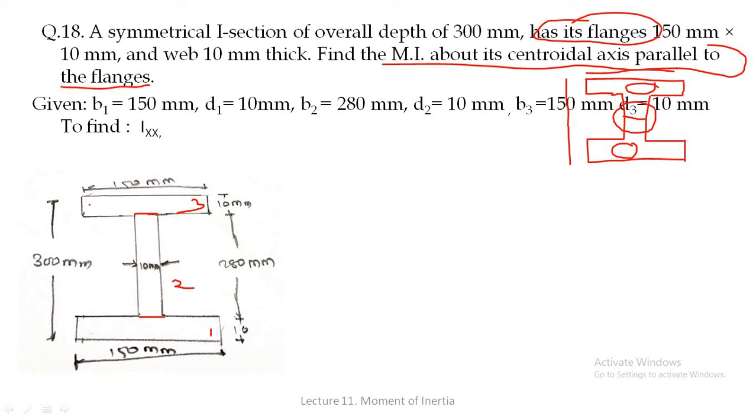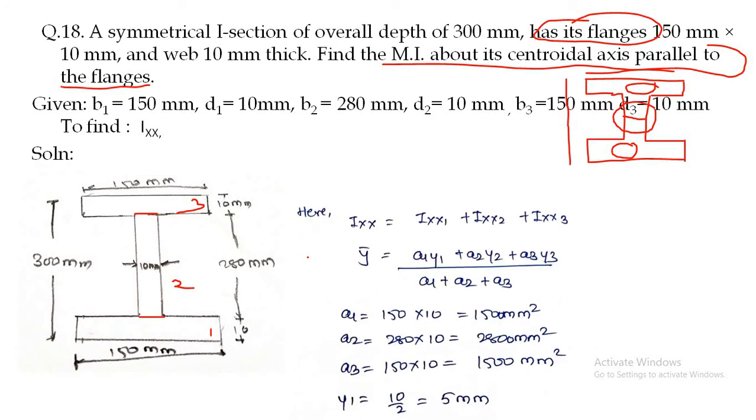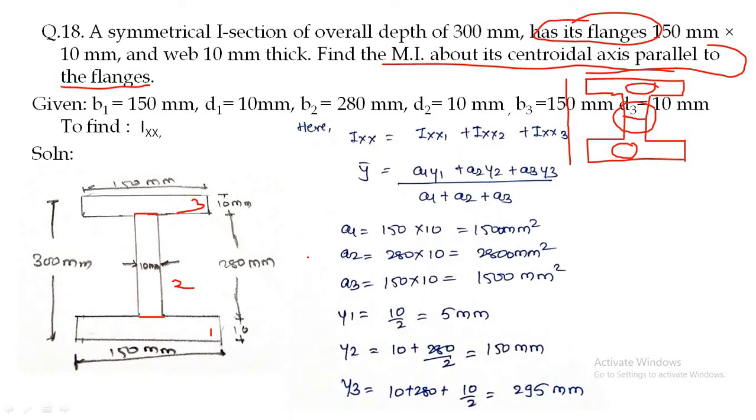The flanges are horizontal, so the axis parallel to the flange will be horizontal. So we have to find the moment of inertia about the horizontal centroidal axis, that is, we have to find Ixx.